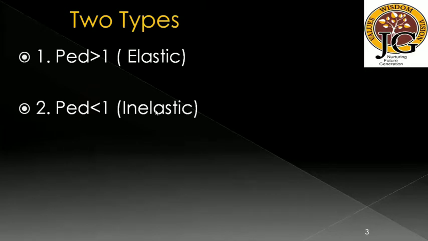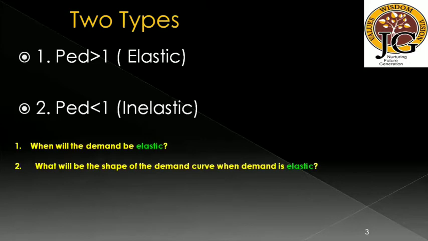Now we want to answer 2 questions regarding both the types. As far as the first type, that is price elasticity of demand greater than 1, elastic demand, is concerned, we want to answer these 2 questions. Number 1, when will the demand be elastic?